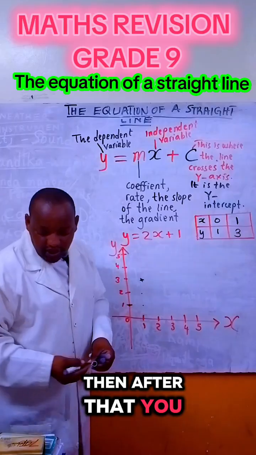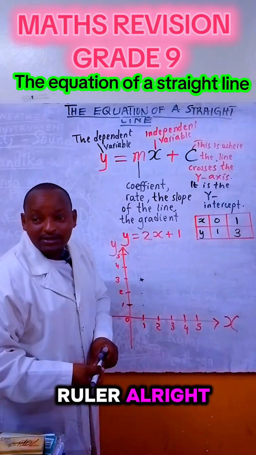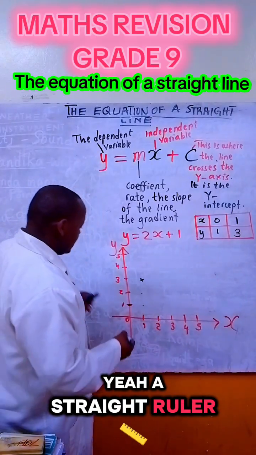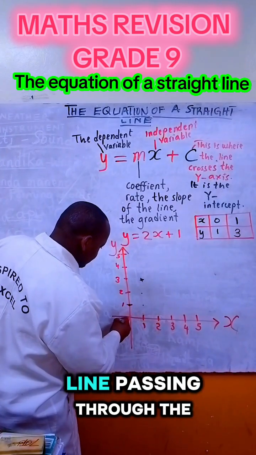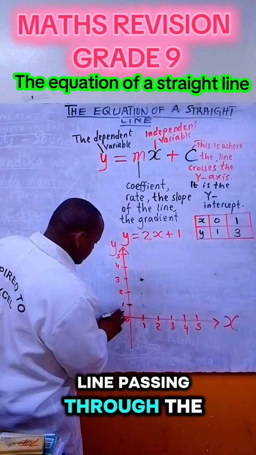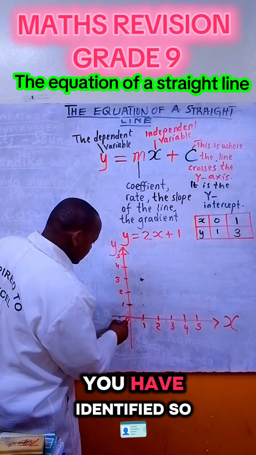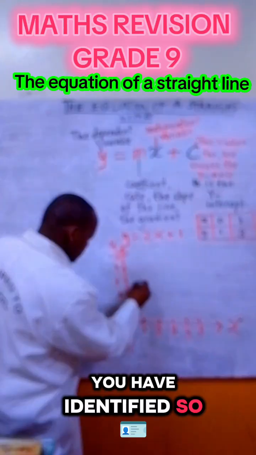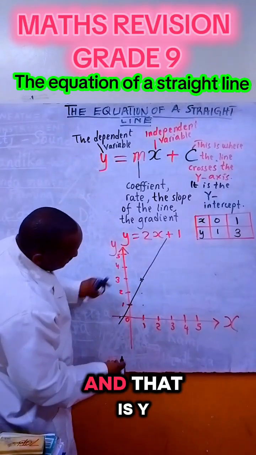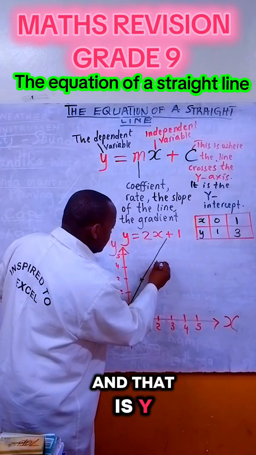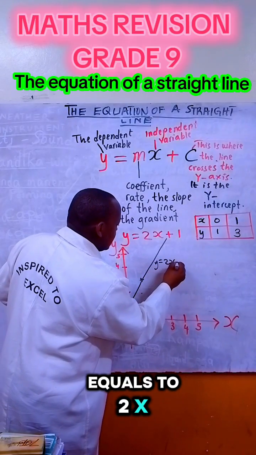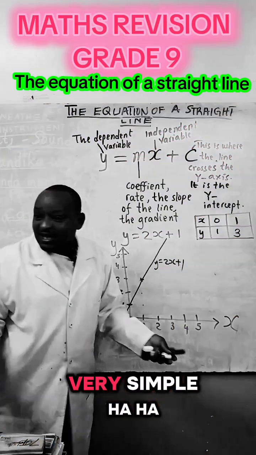Then you take a very straight ruler and draw your line passing through the points you have identified. So it moves like that, and that is y equals 2x plus 1. Very simple!